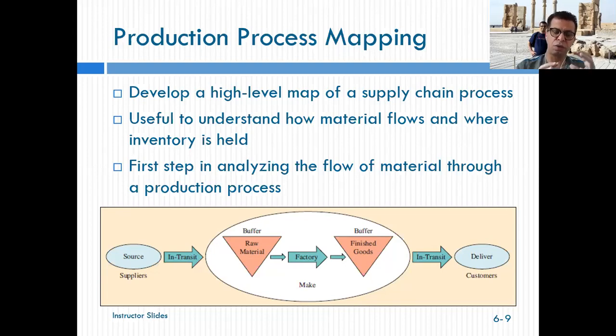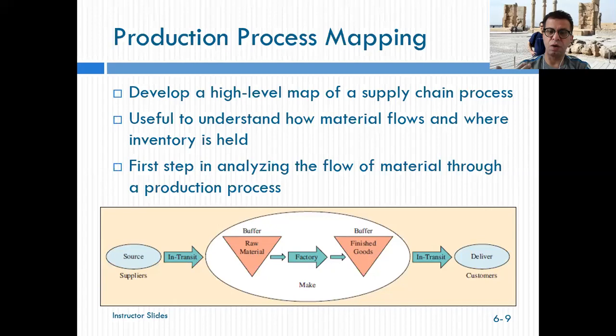You need to look at your supply and how the supply is happening in order to understand when you're going to get the product and how you minimize risk. We talked in chapter 3 about how we mitigate the risk of the supplier not supplying you. So you need to develop a high level map of how this process happens from outside to the inside within the corporation to the final good.